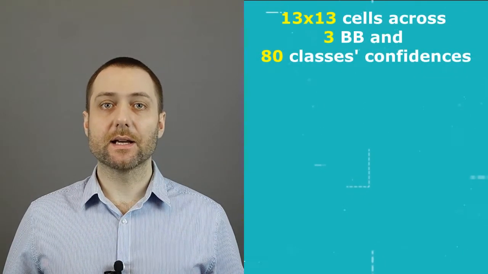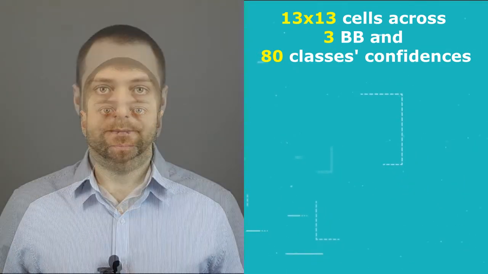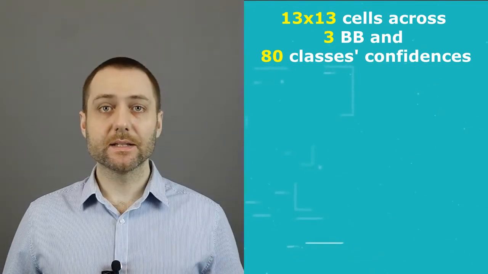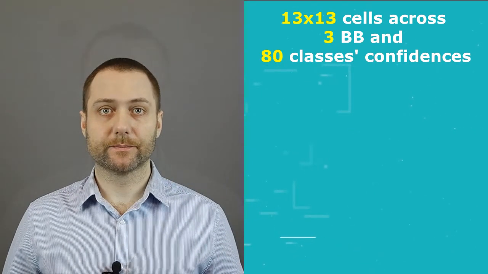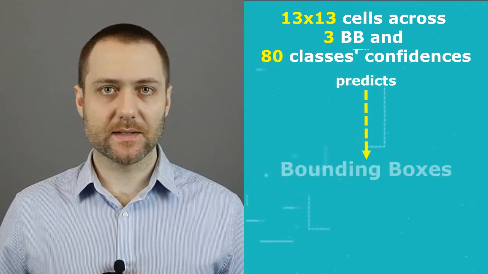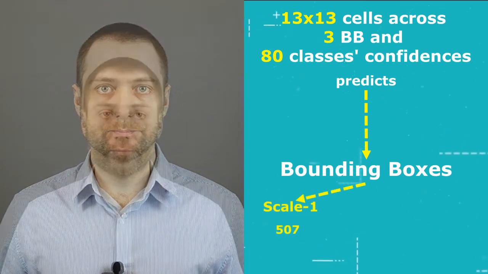These calculations are applied to all 13 by 13 cells across 3 predicted boxes and across 80 classes. The number of predicted boxes at this first scale in the network is 507.